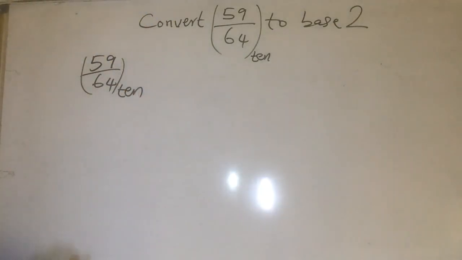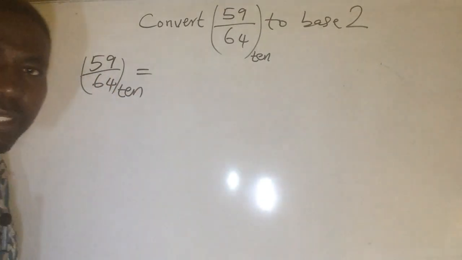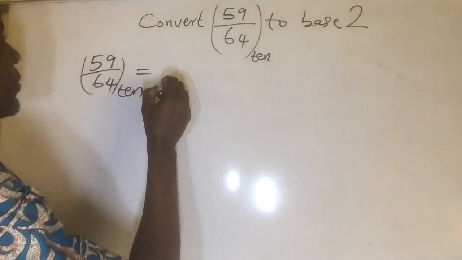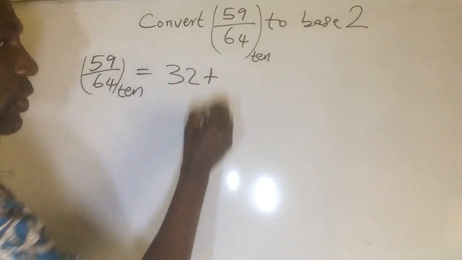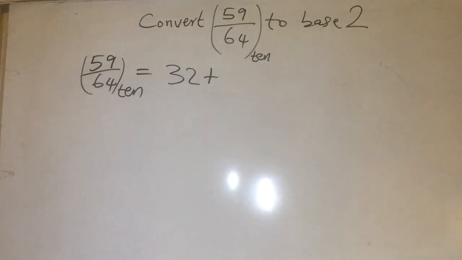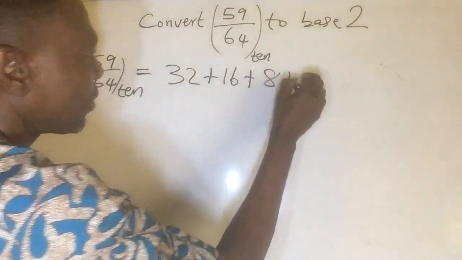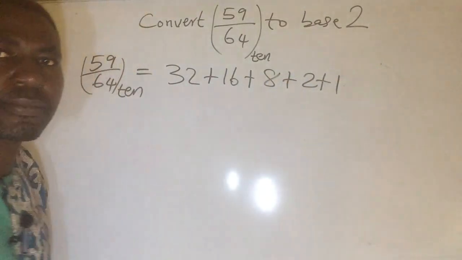So we'll continue. Then another thing to be done is to break this 59 down, by saying 32 plus 16 plus 8 plus 2 plus 1.